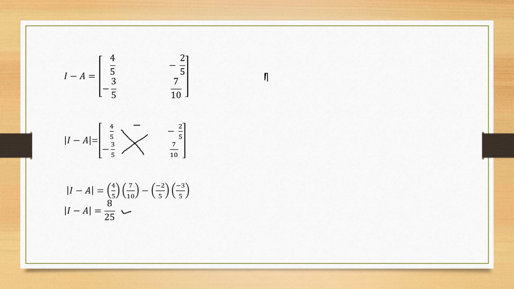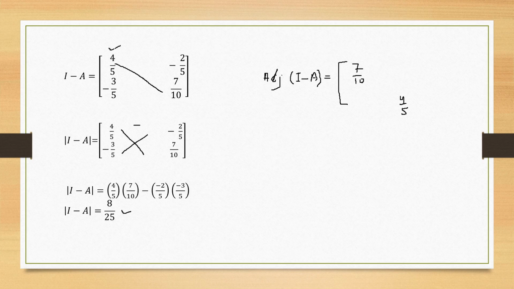Now we need to find the adjoint of I minus A. Dear student, this is the diagonal. We change the places of the diagonal elements. So 4 by 5 will be replaced by 7 by 10, and 7 by 10 will be replaced by 4 by 5.